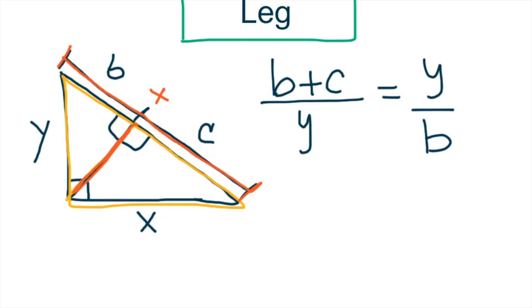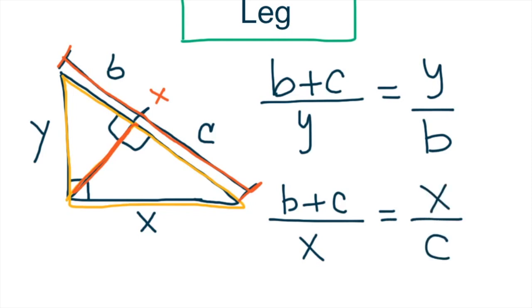We would say B plus C is to X as X is to C.